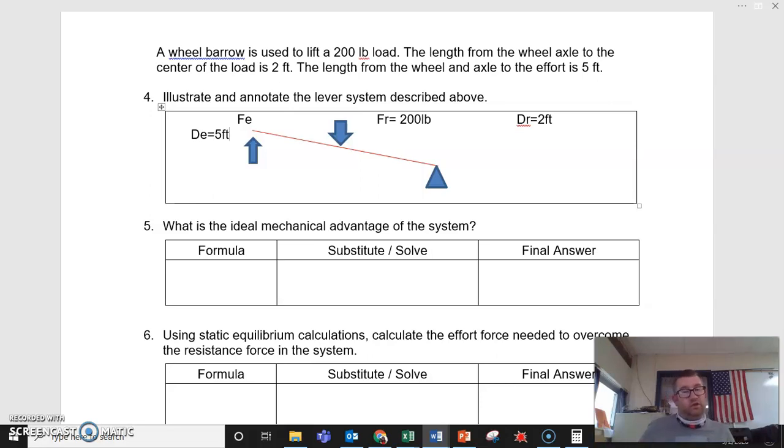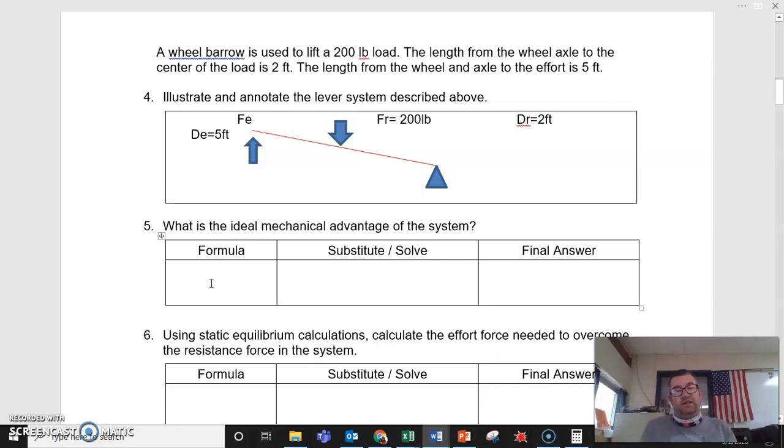So there's our situation with the second class lever. It says illustrate and annotate the lever system described above. Your situation should look something like this. So we're going to jump down to number 5.